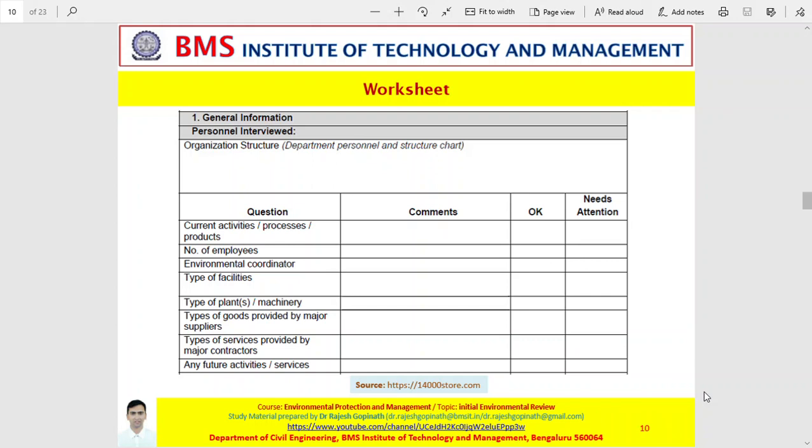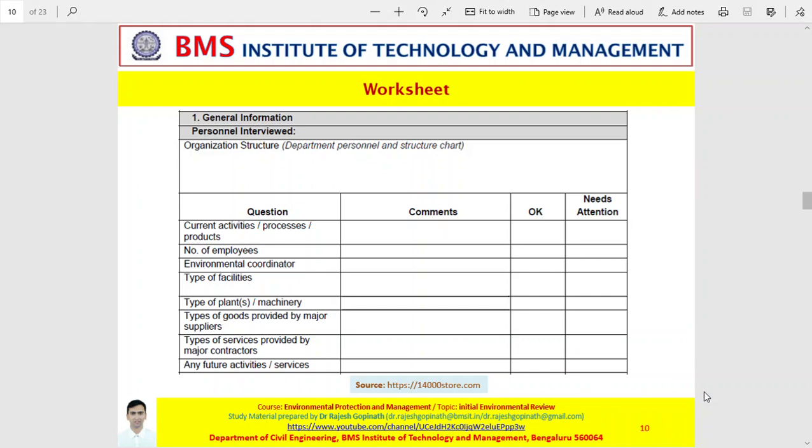What are the various facilities within the organization? For instance, office space, laboratory space, workshop, warehouse, and so forth. What are the various plants or machineries being utilized? Who are the major suppliers for the raw materials and goods, and what are the various product types? Who are the major contractors and their product types? Also, are there any future activities or services being envisioned?